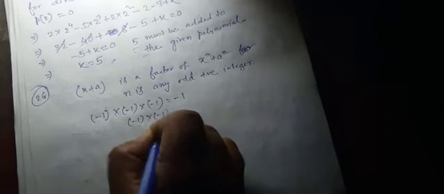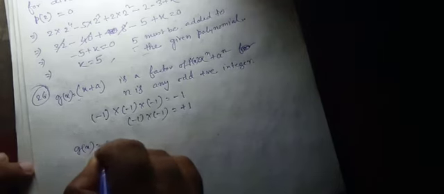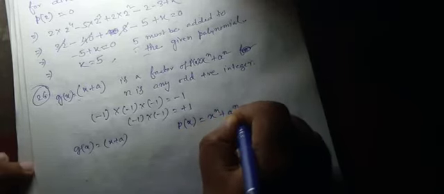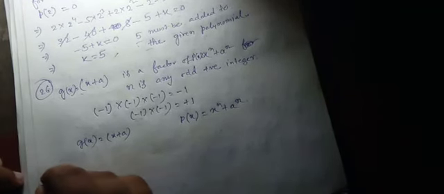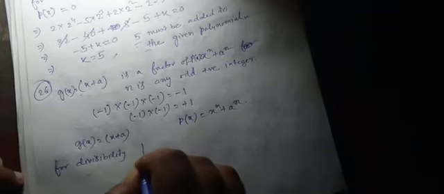If we multiply it an even number of times, the sign becomes positive. So if my g(x) equals x plus a and p(x) equals x power n plus a power n, then for divisibility we have to find p of minus a, which is minus a power n plus a power n.